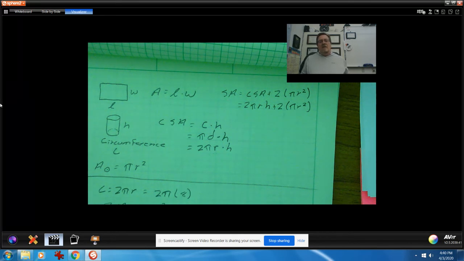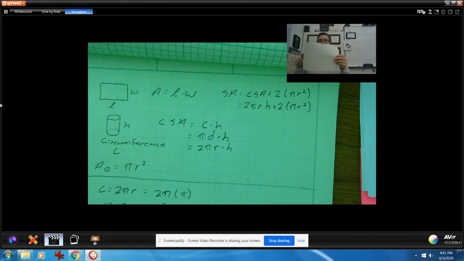When we're talking about a cylinder, and I've done this before, if you take a piece of paper, which is a rectangle, and you roll it up, it becomes a cylinder, right? If I unroll that cylinder, you notice that the length of my paper became the distance around the circle, which we call the circumference.